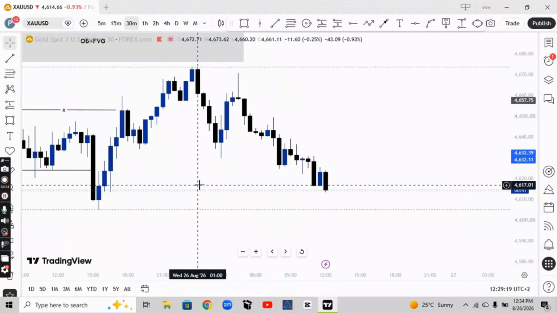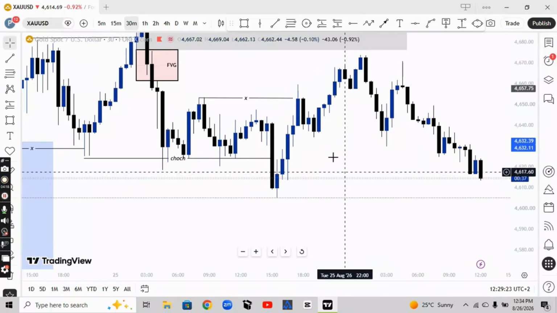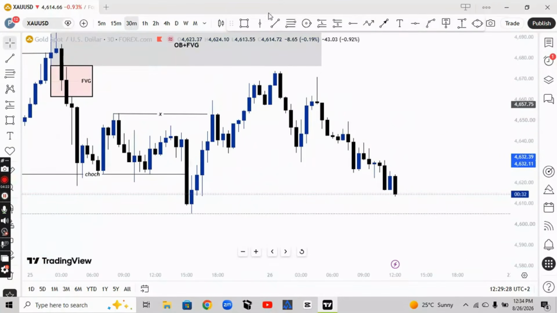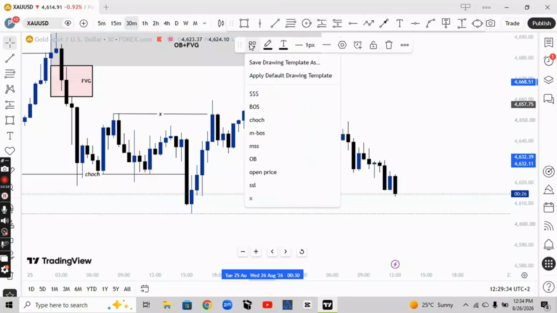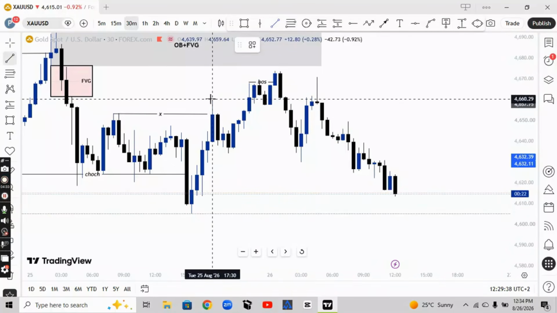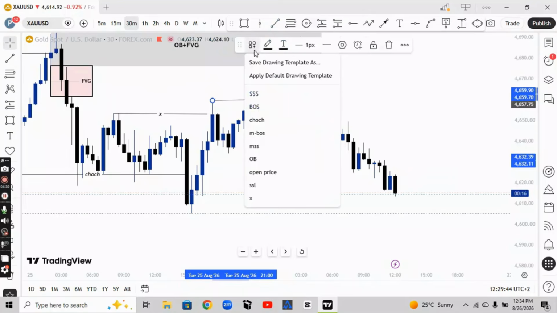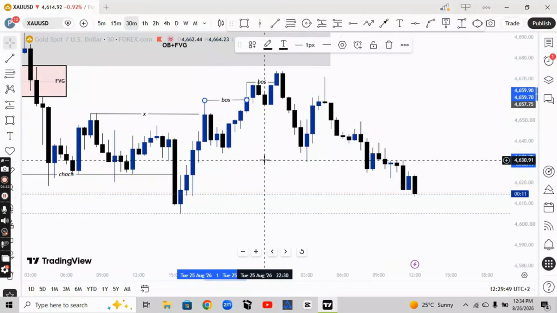Let's go to 30 minutes. We also have breakout structures towards this level, and this was our last breakout structure to the upside. We also have this breakout structure here to the upside, which is actually a correctional move on the smaller time frame.